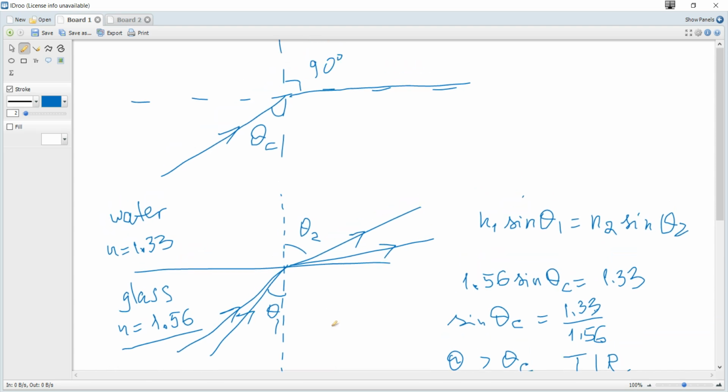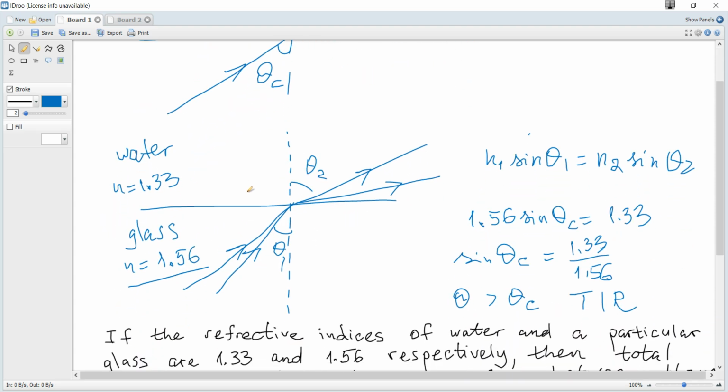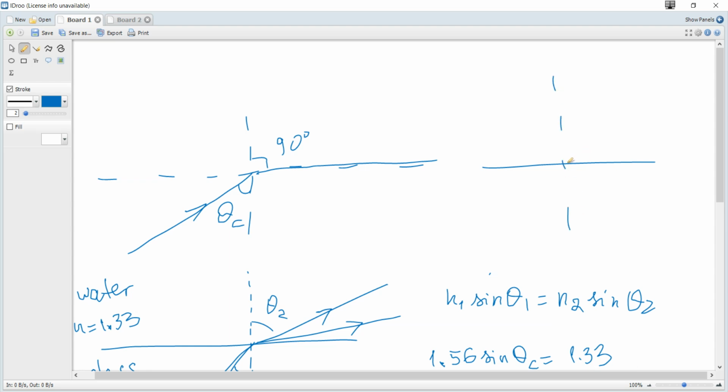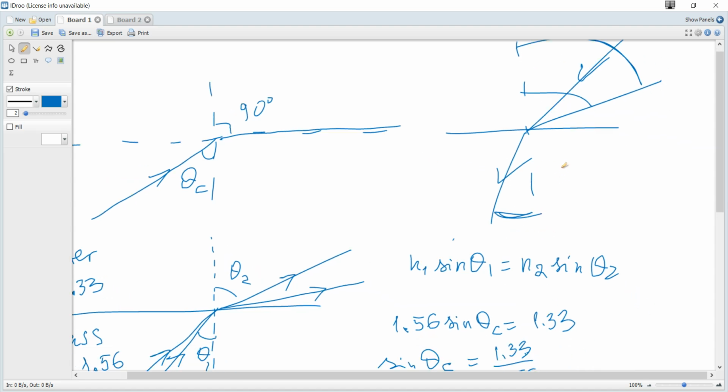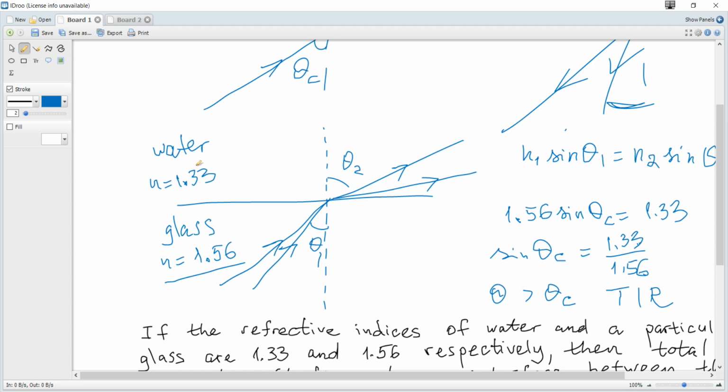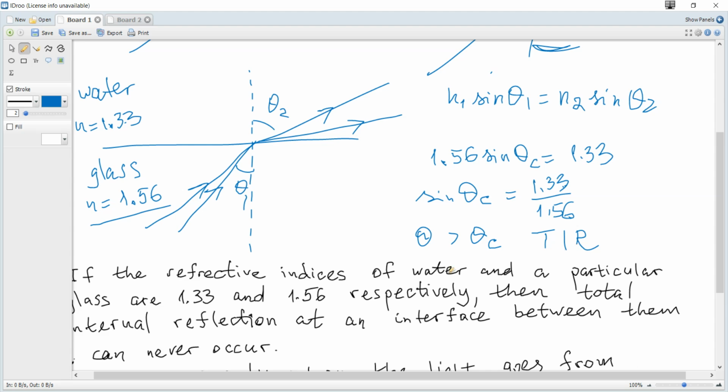And if a ray is moving from water to glass, if you continue to increase the angle of incidence, since this angle is always smaller, even when the angle of incidence is 90, there will be a refracted ray. When a ray is moving from a medium with smaller to a medium with larger refractive index, total internal reflection cannot occur.